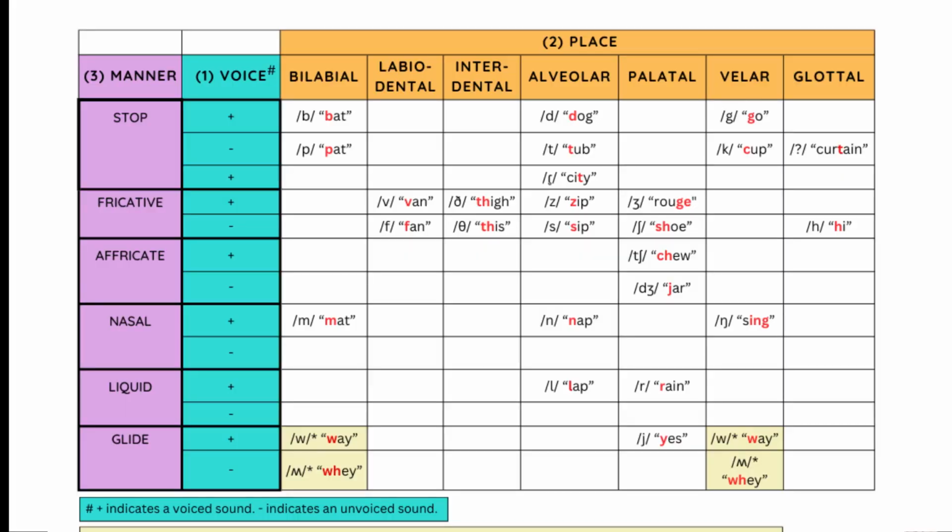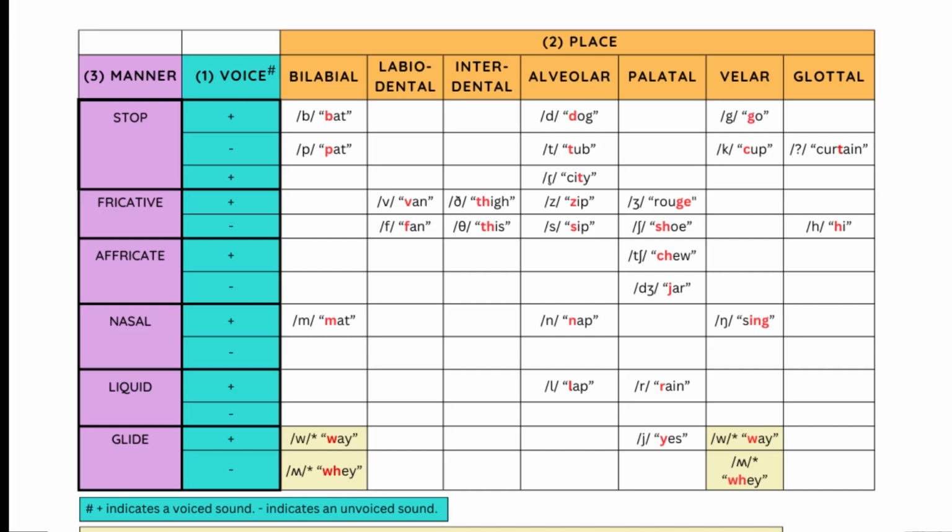So this is the table, and the column in purple is manner, the mechanics of how the sound is produced. The column in turquoise is voicing, and across the top horizontally is place. Each of these, bilabial, labiodental, interdental, alveolar, palatal, velar, glottal, refer to the place of articulation.